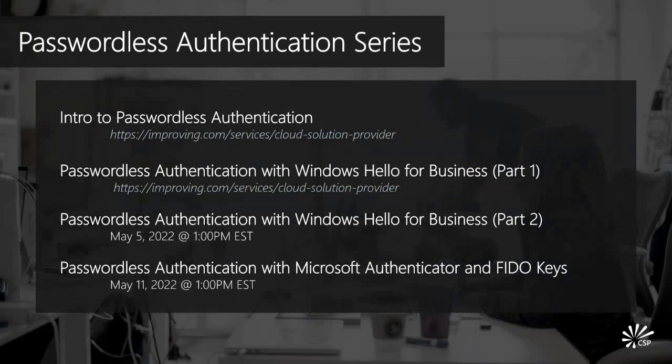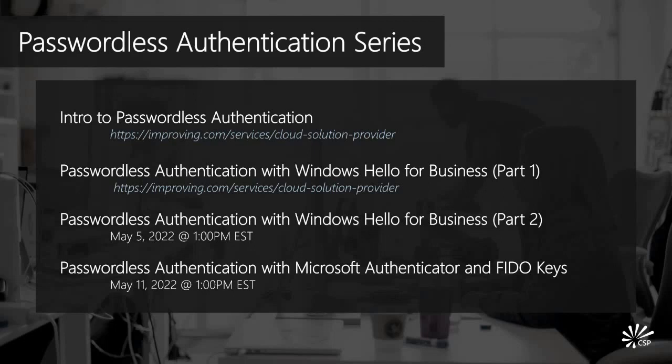So real quick, as Jim mentioned, this is part two of our Windows Hello for Business sessions as part of our passwordless authentication series. We did have an intro to passwordless where we went through a lot of the concepts and the theory behind passwordless authentication. And then last week we talked about how all that plays into how Windows Hello for Business works.